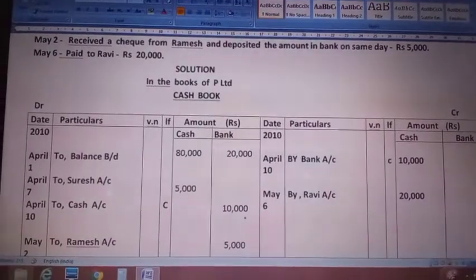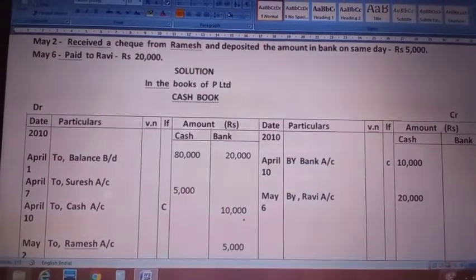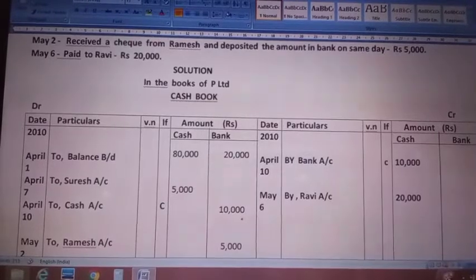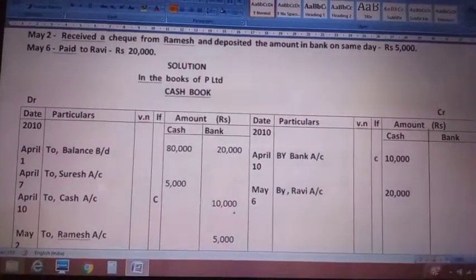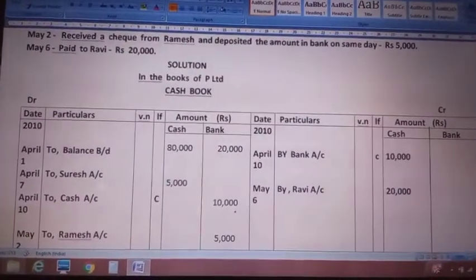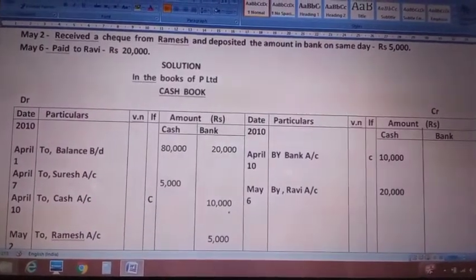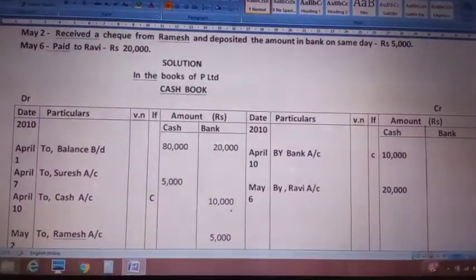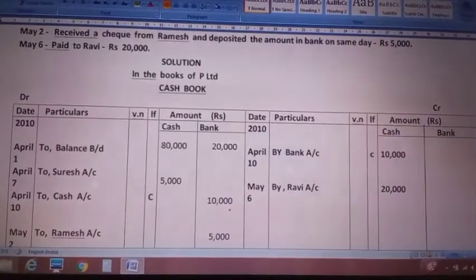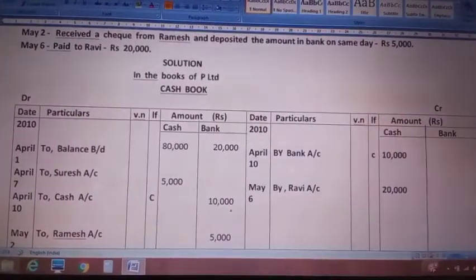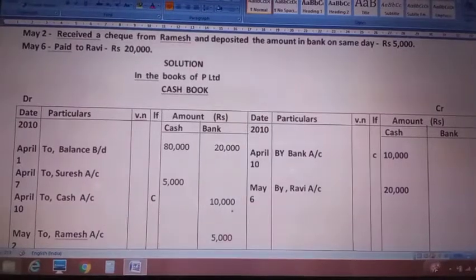And if nothing is mentioned about the date of depositing the check, we will assume that the check is deposited on the same day, and we will do the entry in the cash book.